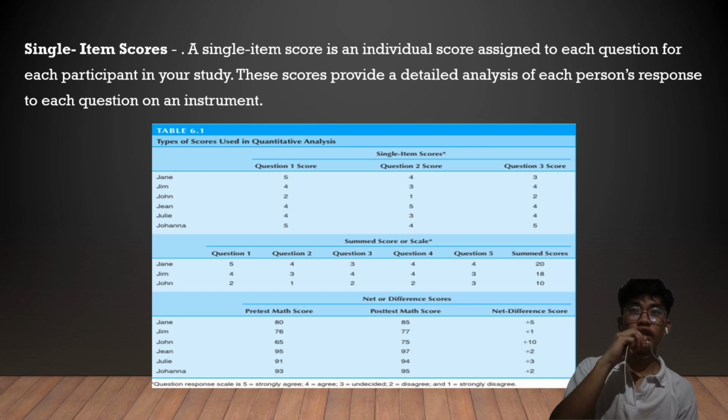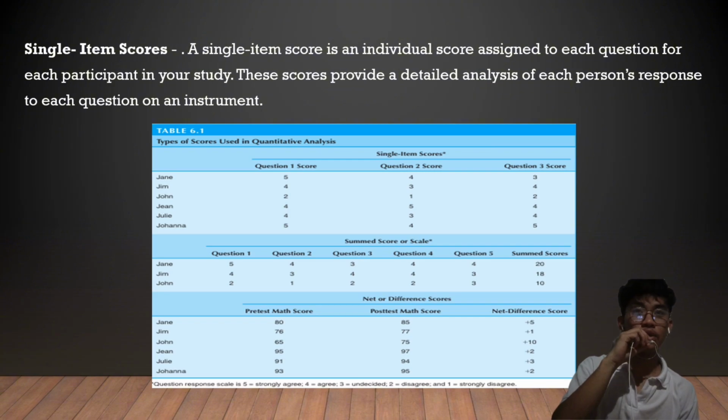So in sum scores naman, we may need to sum responses to all of the questions on the instruments, such as in the response of the scale scores. In other words, sum scores are the scores of an individual added over several questions that measure the same variable.